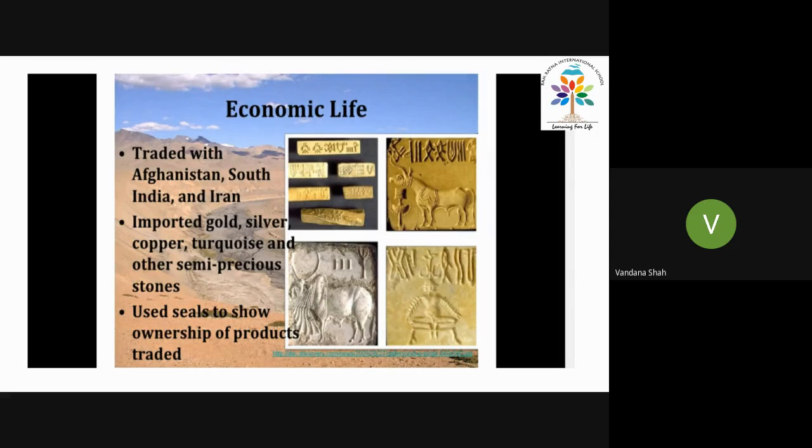That exchange of things we can see in this civilization. And they were using clay stamps or seals. It just shows their feeling of pride, that this is our product, we are exchanging it with you. That feeling of pride in their culture we can see in this civilization.